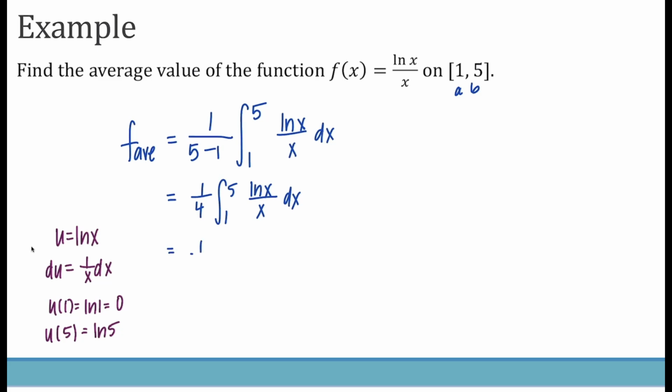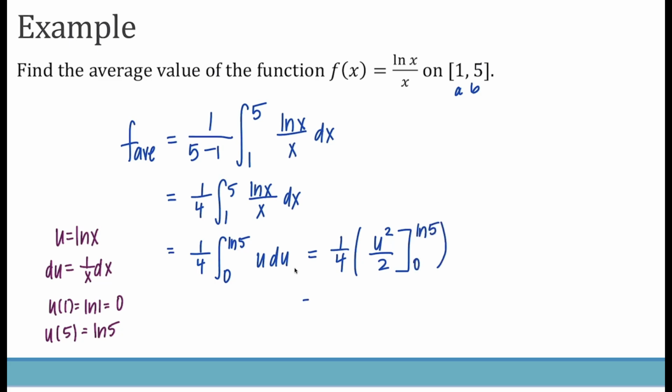So our integral becomes 1/4, the integral from 0 to natural log 5 of just u du, since natural log x got replaced with u, and then 1 over x dx got replaced with du. Now, we don't have to return to x's anymore. We can just evaluate this using the fundamental theorem of calculus.